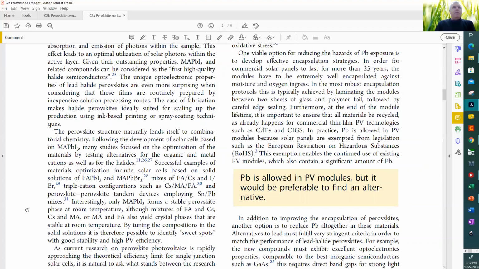Like, do you dope them with more lead, or do you replace iodine? I'm not really sure how that's done, how you make the P type and the N type. But it could be just different cations and anions in there.